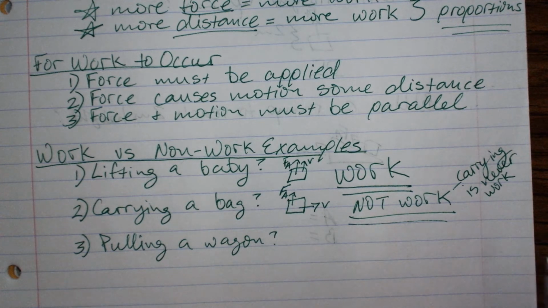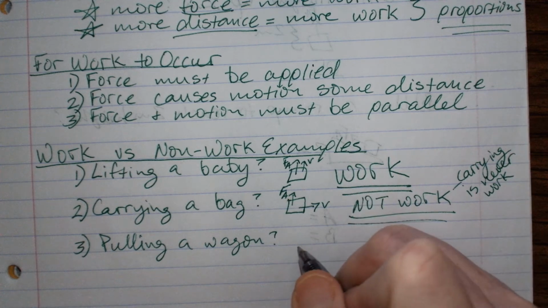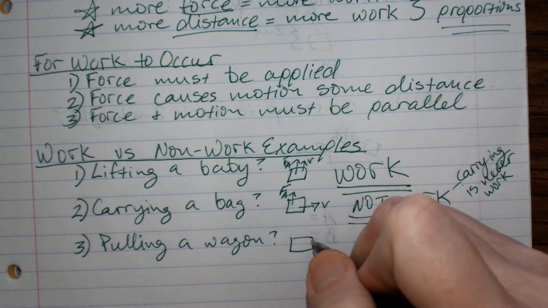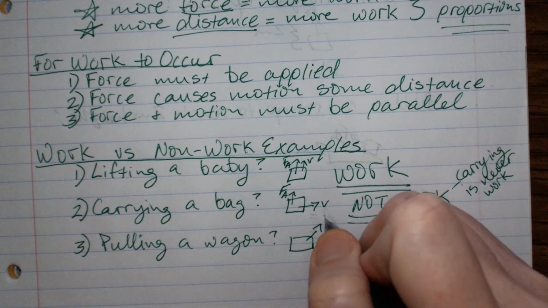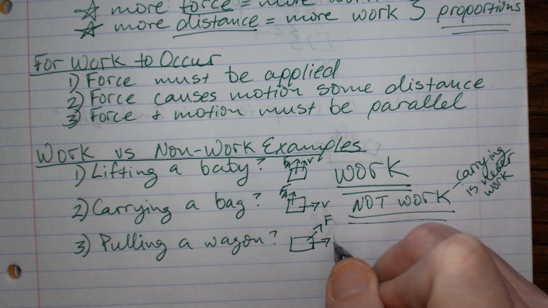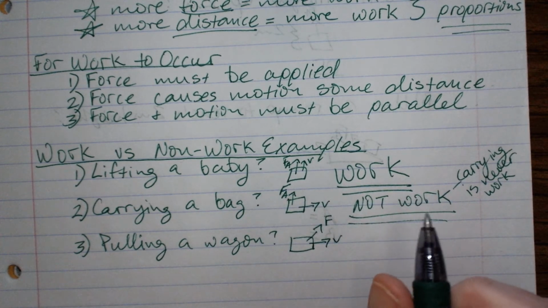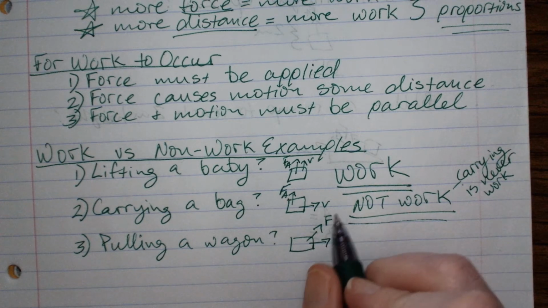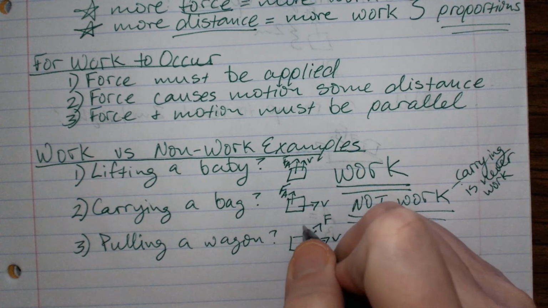If you're pulling a wagon down the sidewalk, your force might be directed at an angle. So your force is this way and you're going this way. Because your force is directed at an angle, we break it up.